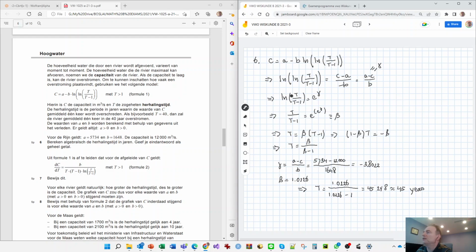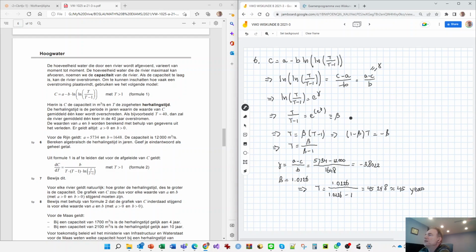And then you can take the power of both sides, the power of e. And then you can work away one of these logarithms. And you do that twice, then you get T divided by T minus 1 is e to the power e to the power gamma.